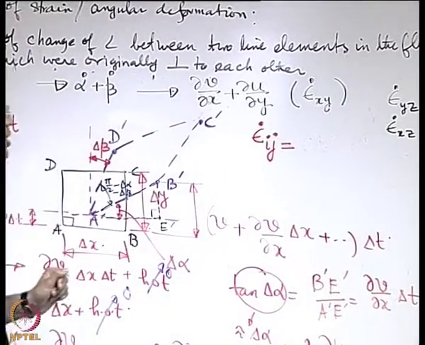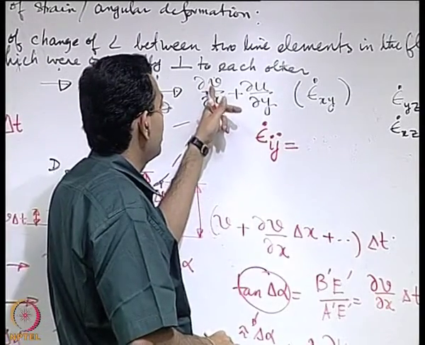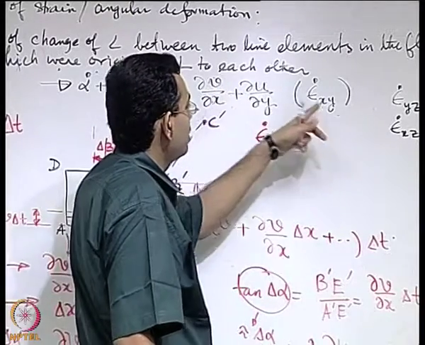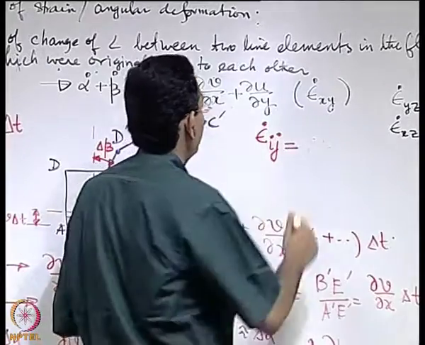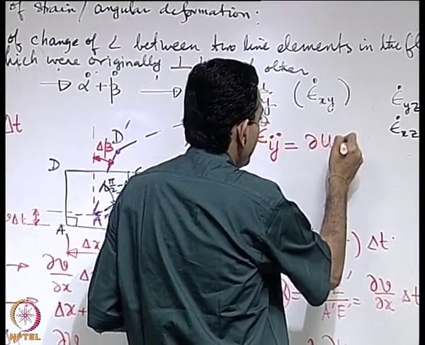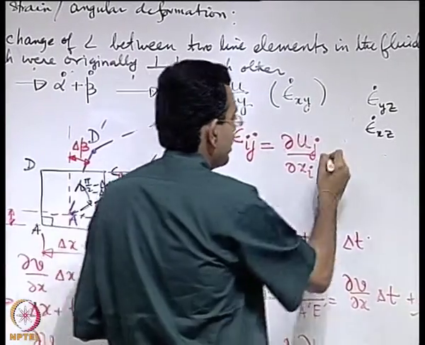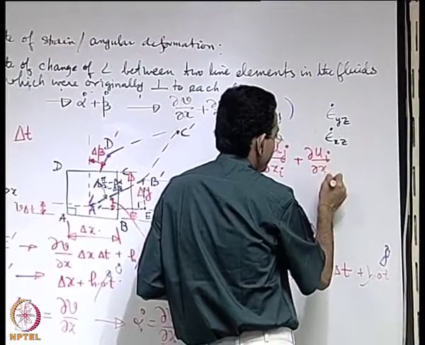So, what will be this one? So, this is the component of velocity along j. So, partial derivative of uj with respect to xi plus partial derivative of ui with respect to xj.